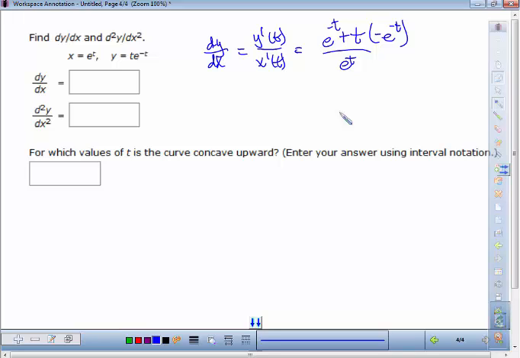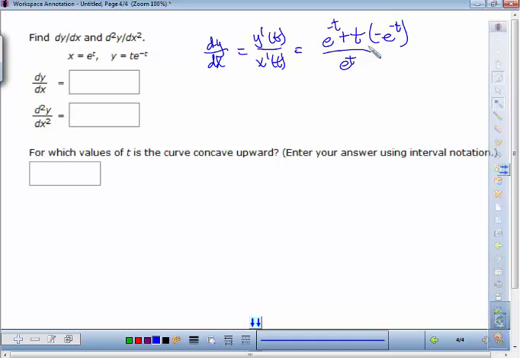I don't know if your instructor did, but as an instructor in Calculus 1, I say in general, don't simplify your answers. However, if you have to take the second derivative, usually you'd like to have an easier, more simplified answer before moving on. So it might be worth simplifying for us since we're going to need to find the second derivative.